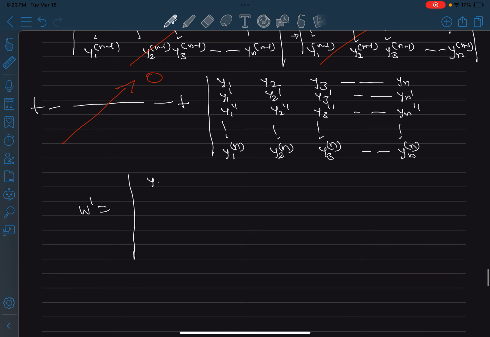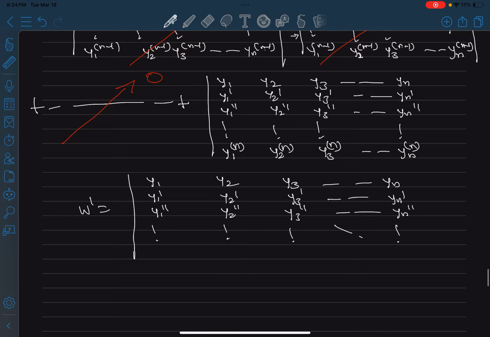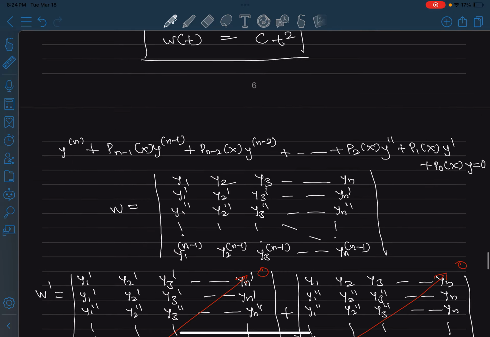It will be y1, y2, y3 up to yn, then y1 prime, y2 prime, y3 prime up to yn prime, then y1 double prime up to yn double prime, and so on, right? And now again we can write the last row using our differential equation.